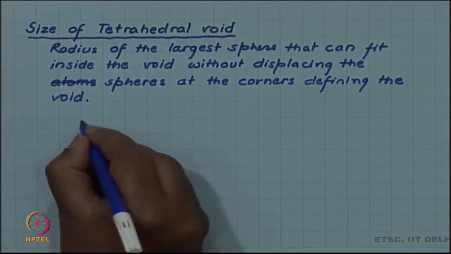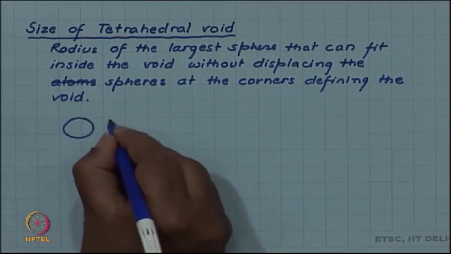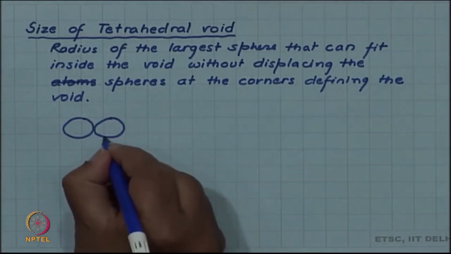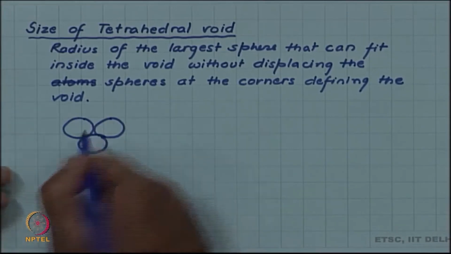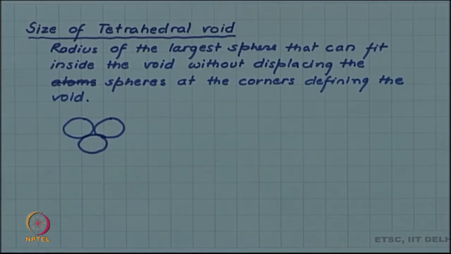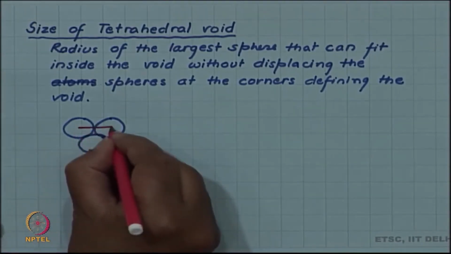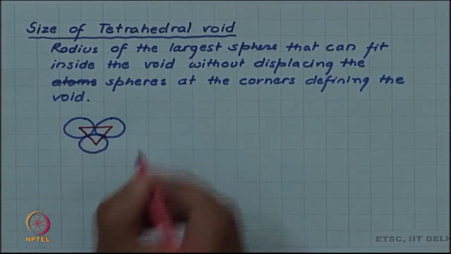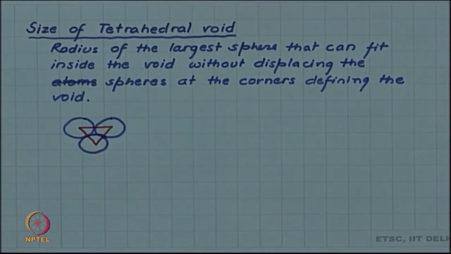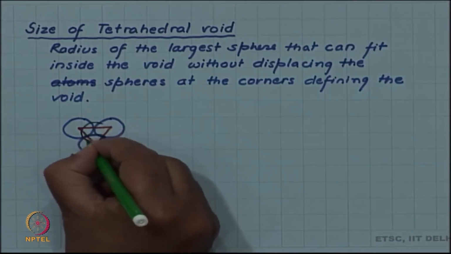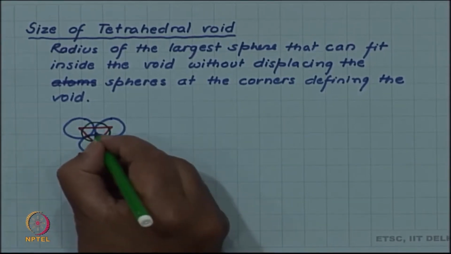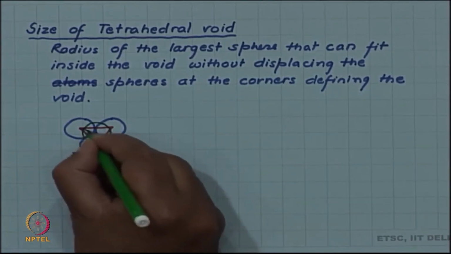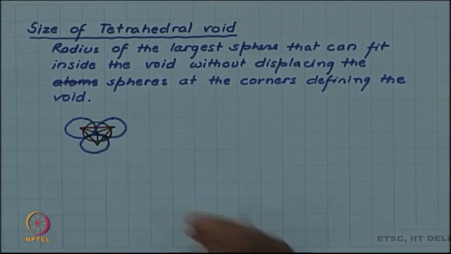So, let us look at a tetrahedral void. We have seen that a tetrahedral void is defined by 4 spheres, 3 spheres on a base making an equilateral triangle, and 1 sphere on the top, making a tetrahedron.